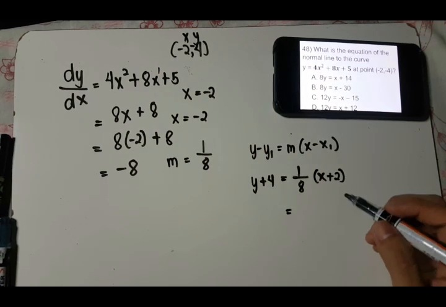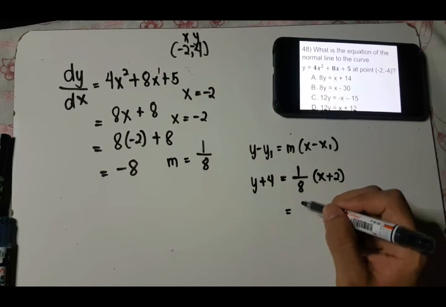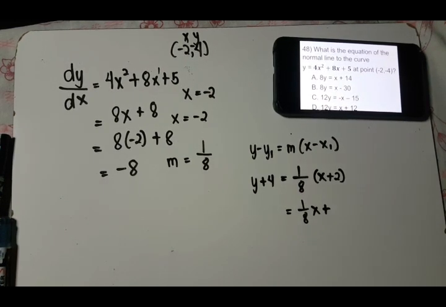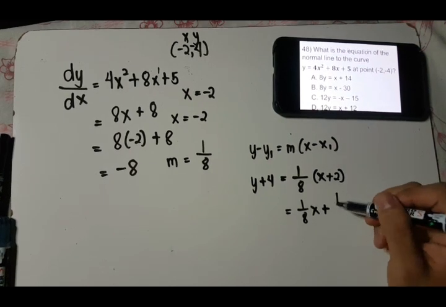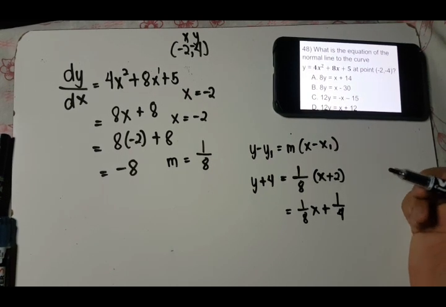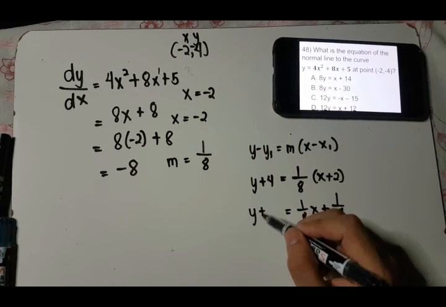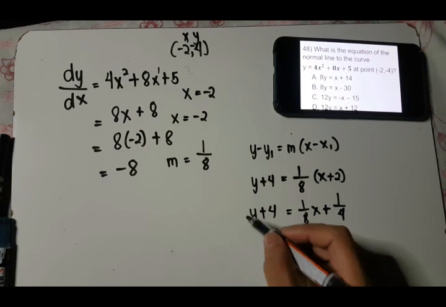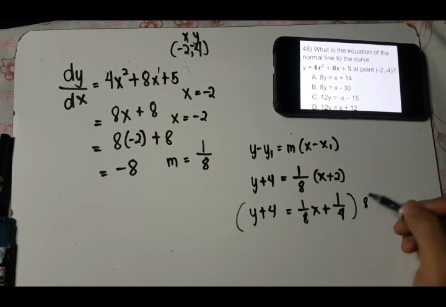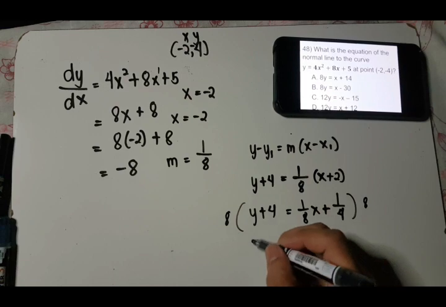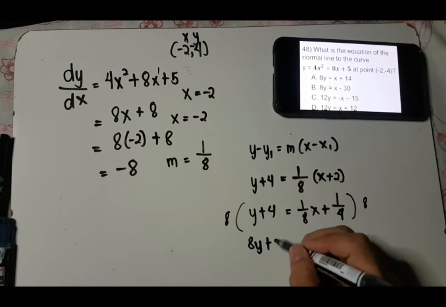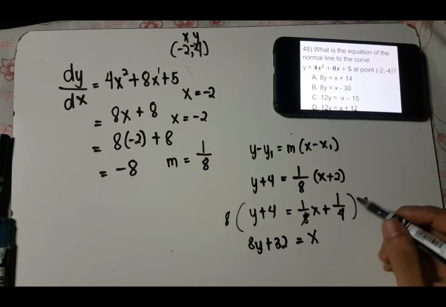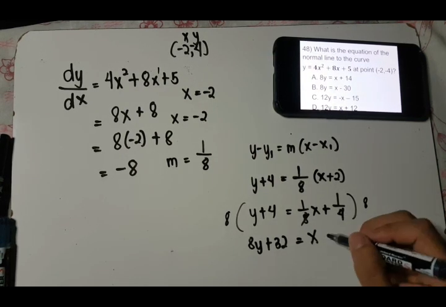Then, just multiply, sige, distribute natin siya. So, 1/4. So, y plus 4. Para makancel natin sa 8, multiply both sides by 8. So, 8y plus 32. Cancel na ito. So, x. 8 divided by 4, that is 2.